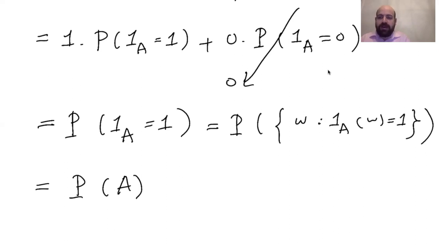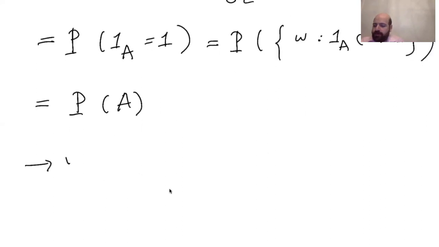And also, every element outside of A has the feature that 1A of that element is not 1. In other words, 1A of omega is equal to 1 if and only if small omega belongs to capital A. So this set is exactly the same as capital A, and so the probability of this set is the probability of capital A.